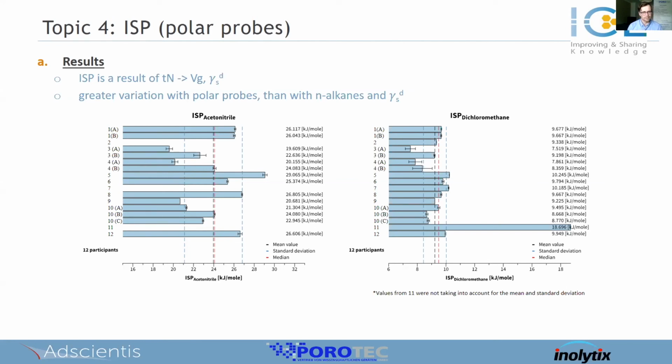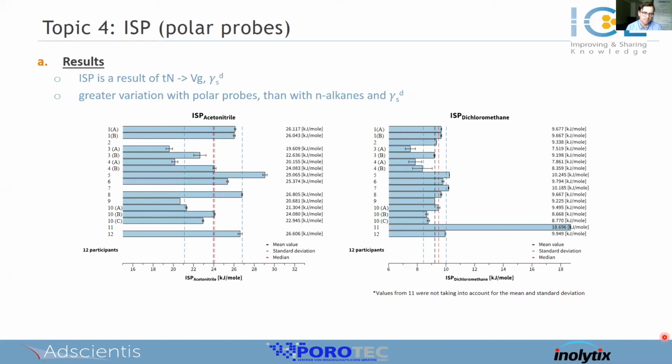So one task is to make these kind of difficult measurements of such strongly interacting probe molecules more reproducible and comparable. But the good news is that we also got reproducible results also for acetonitrile, like 1, A and B. In contrast to acetonitrile, dichloromethane is much more homogeneous because we have a shorter retention time and the peak is symmetric.